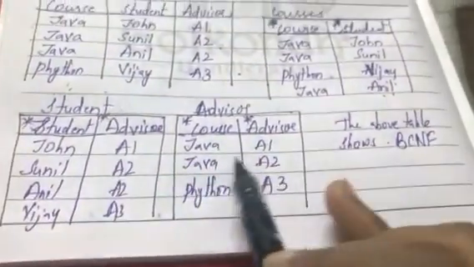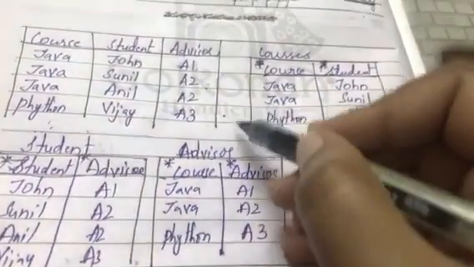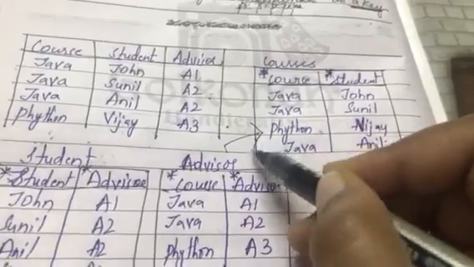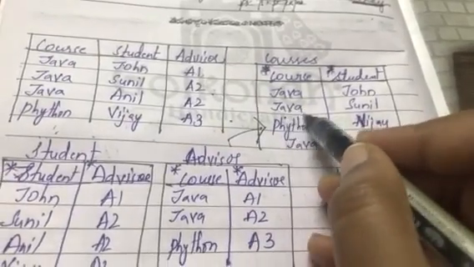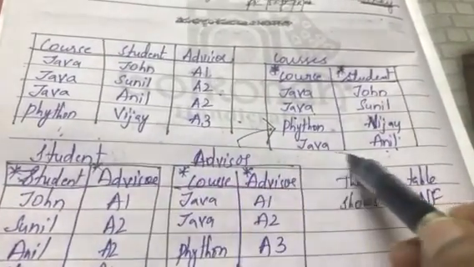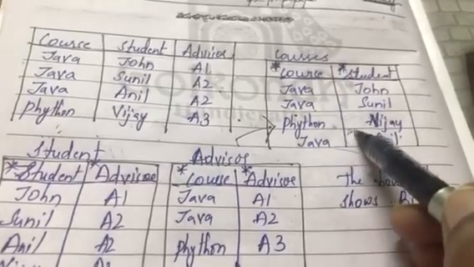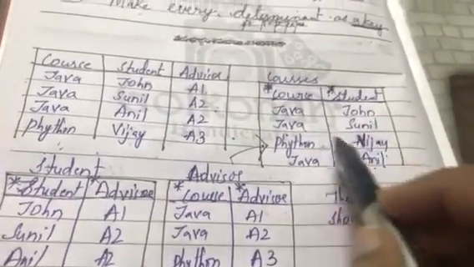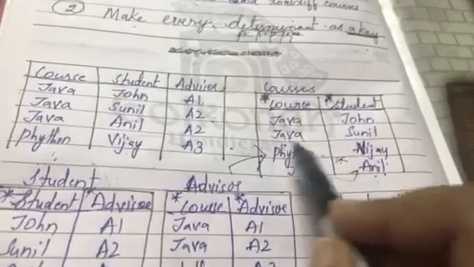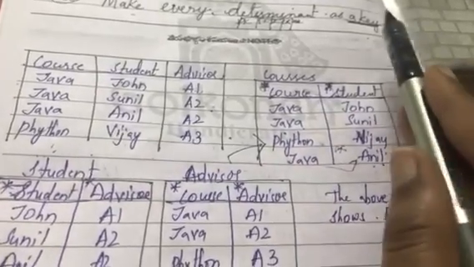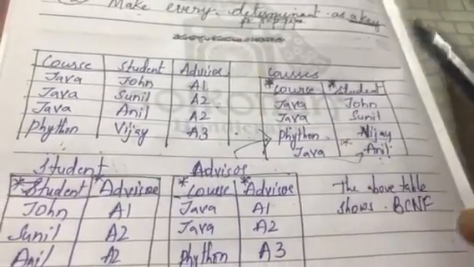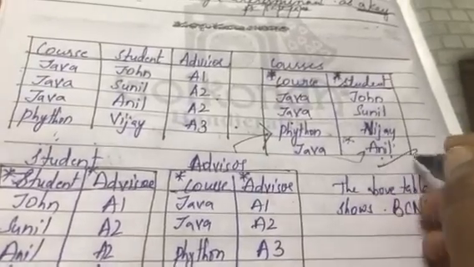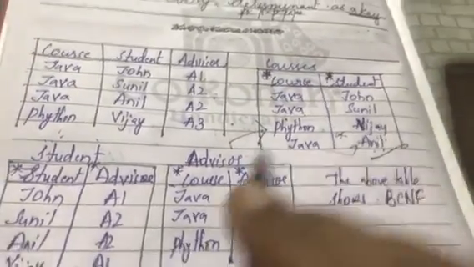This course we have taken from the advisor table, so it is a foreign key. Even student we have taken from the student table, so that is also a foreign key. So it makes this particular determinant a key. So it is satisfied.